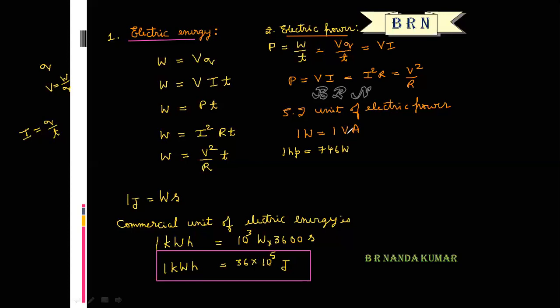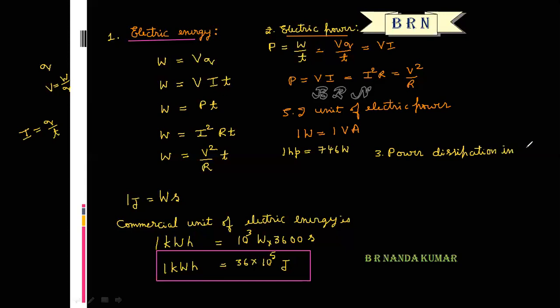Okay. And the next very important term, that is power dissipation in a resistor. What is the meaning of power dissipation in a resistor? This is the third very important term. Power dissipation means power loss.